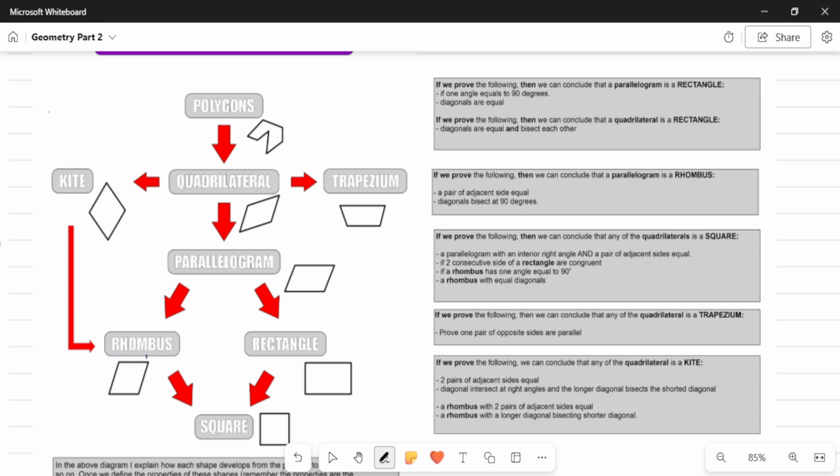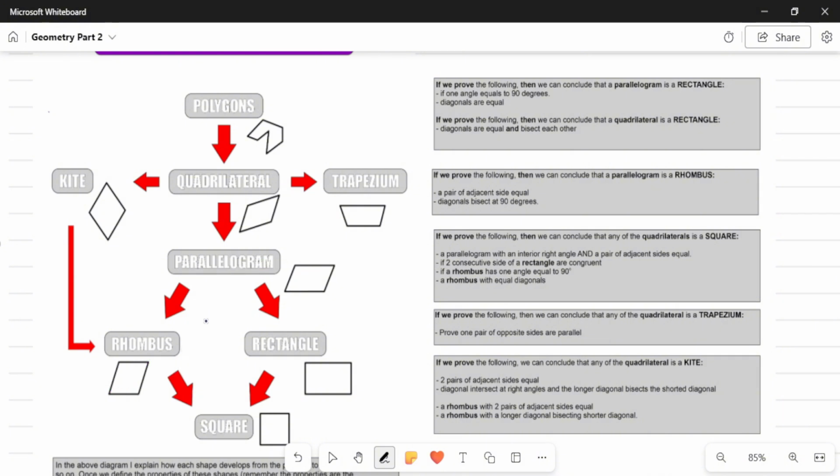Or if they give this diagram in the paper, they call it a parallelogram, and I can prove that the so-called parallelogram has diagonals that bisect at 90 degrees, then I can say that this so-called parallelogram is in fact a rhombus.